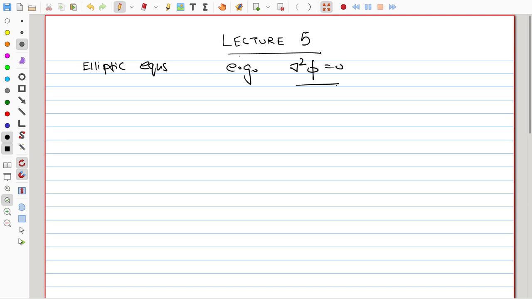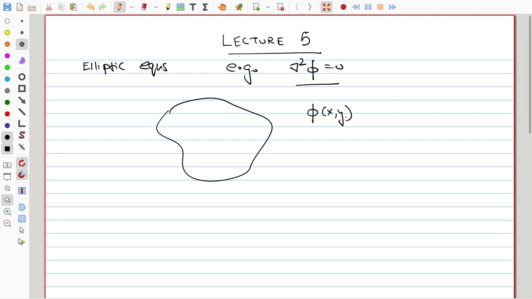It's available on YouTube. So before we actually jump into how to solve these equations, let's recall the aim of this course. So we have a domain. It could be this room in 3 dimensions, and I want to solve for certain unknown or dependent variable. So that variable could be, let's say, phi as a function of x and y.